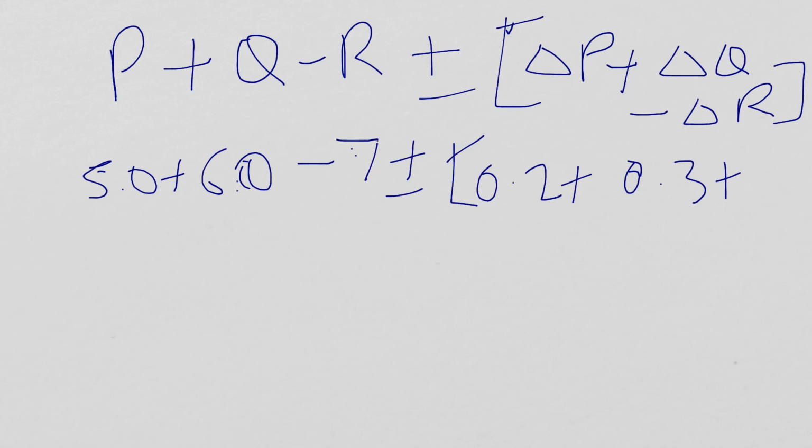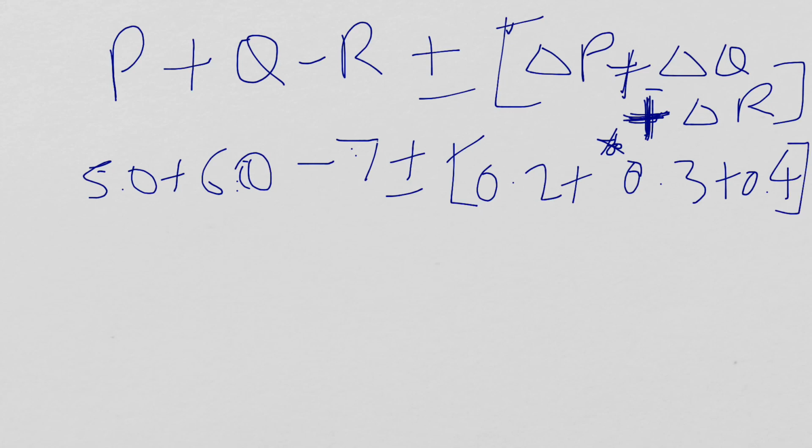People make a mistake here, so I intentionally made the mistake so you can understand that uncertainties are never subtracted. Wherever minus is there, you still have to add the uncertainties. So plus delta R, which is 0.4. This is the correct formula.